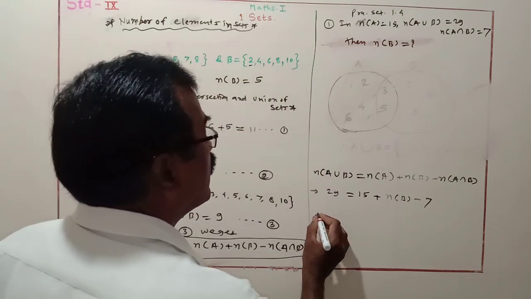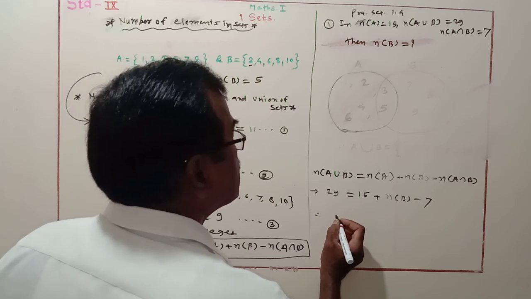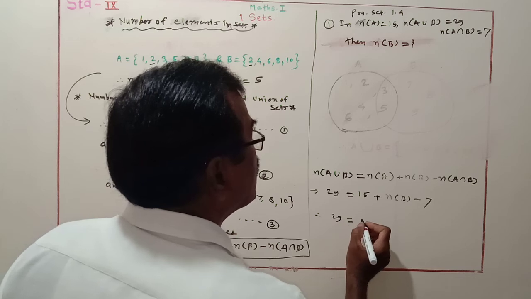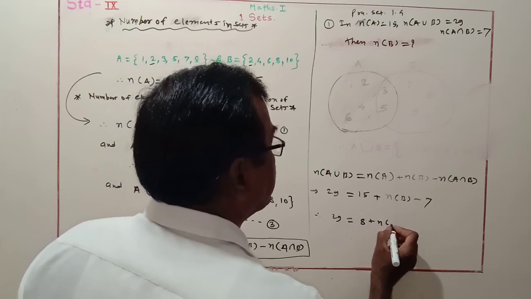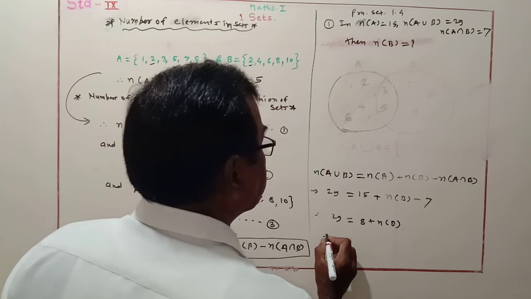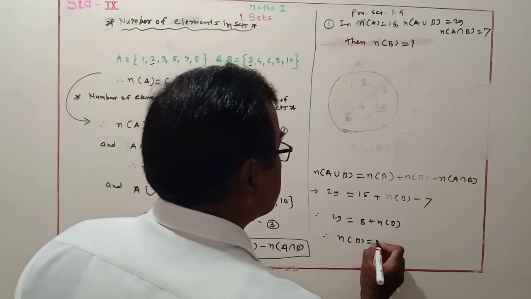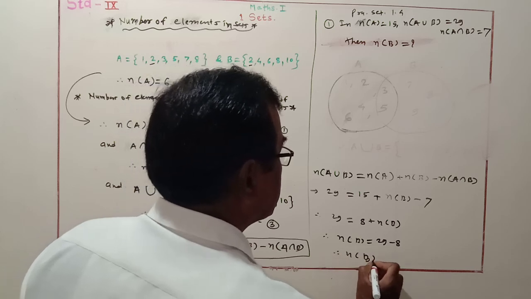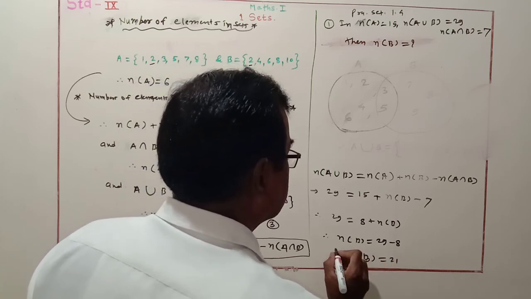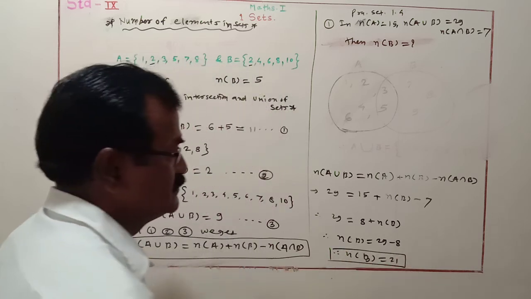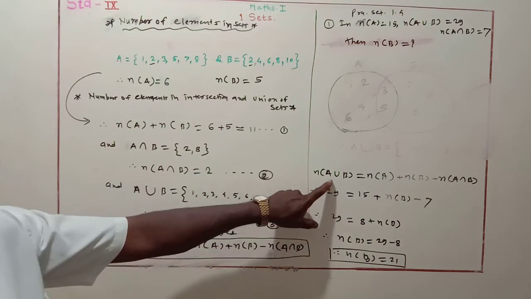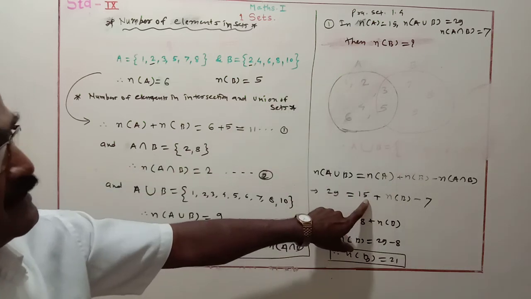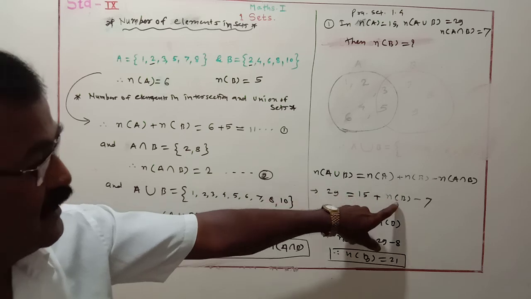Therefore, we write 29 is equal to 8 plus n of B. Therefore, n of B is equal to 29 minus 8. n of B is equal to 21. n of A union B is given 29. n of A is 15. n of B is unknown.